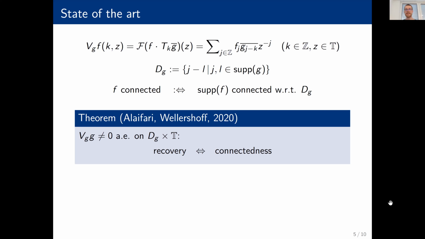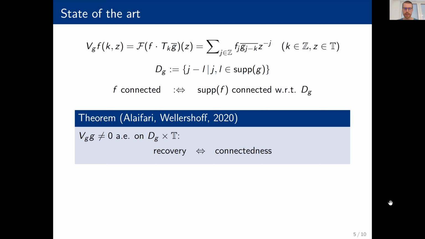So the best chance, if we already computed the set DG and acknowledge that this might not be everything, is that VGG is at least non-zero for shift parameters which are in DG, but then for all frequencies or almost all frequencies.